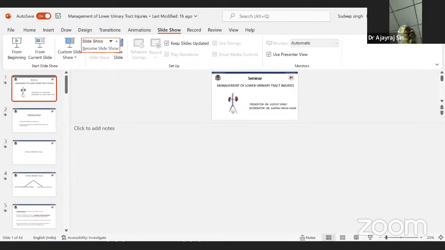The screen is not coming. Just go back. Some technical issue. We will just start soon. Are you getting the first screen? No, sir. Screen not visible. Okay. We will just see what is the problem.